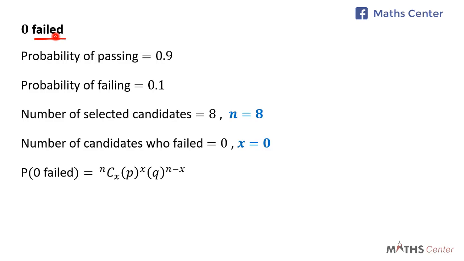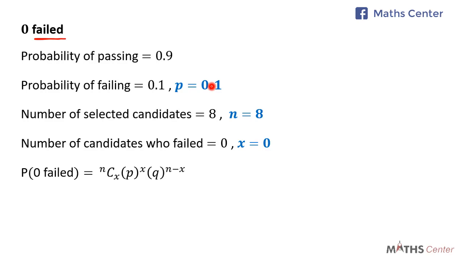So here, P, which is the probability of success, will be the probability of failing. The probability of failing is 0.1. So P, which is our probability of success, will be 0.1.